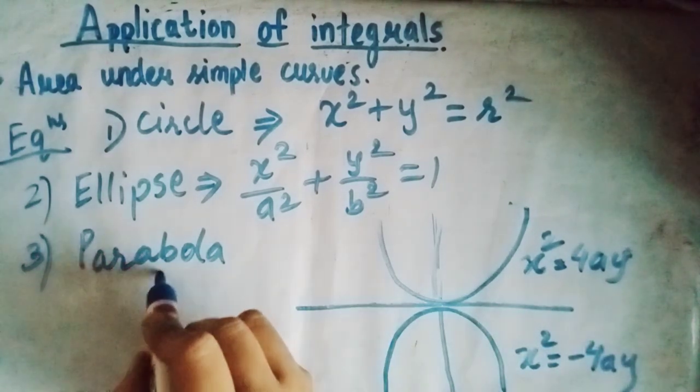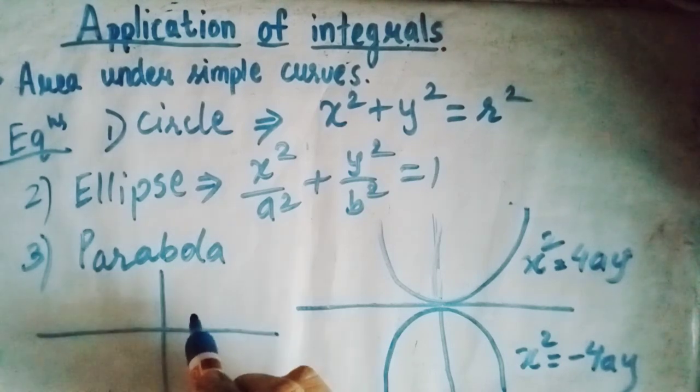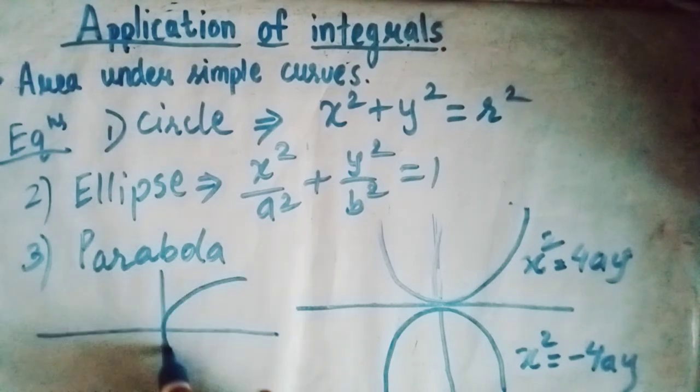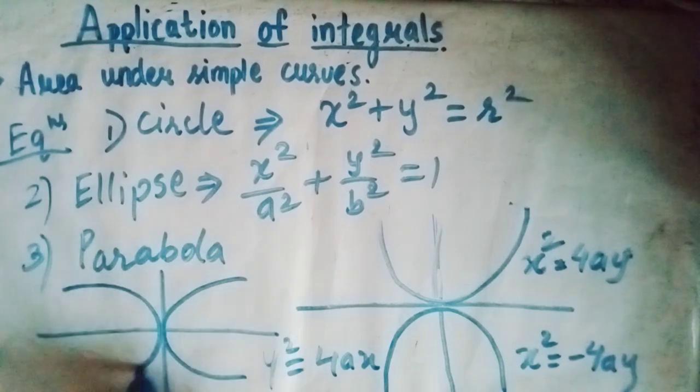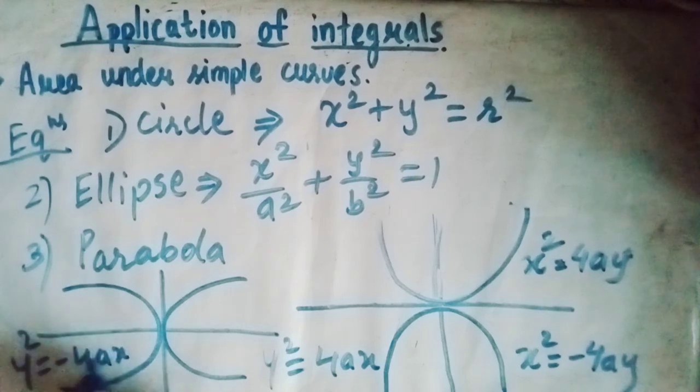If the parabola opens to the right, then this becomes y square equal to 4ax. If it is left, then y square equal to minus 4ax. So you have to see accordingly which parabola it is.